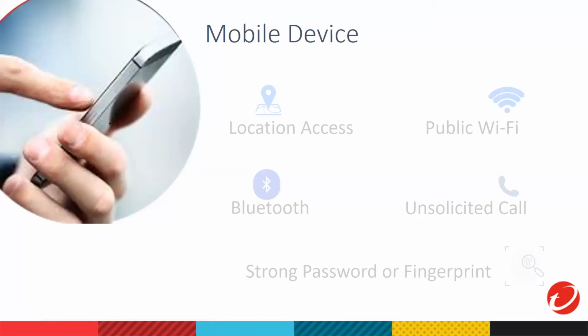Because all of us are using computer right now. Me po, Angela. So Angela is using a cell phone, mobile device. So we need to educate as well our students. They need to protect also their mobile devices.